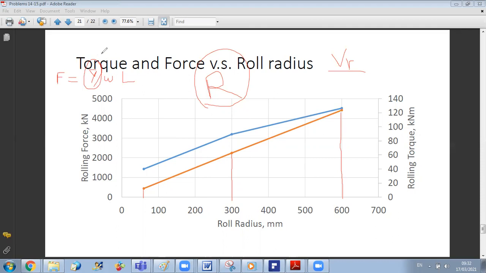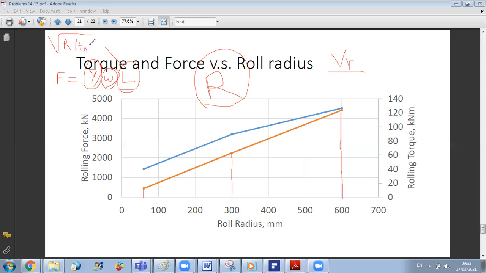The width also will not change, because we are dealing with the same width of the plate. What will change is the contact length. The formula of contact length is the square root of R times the draft, which is t0 minus t final.